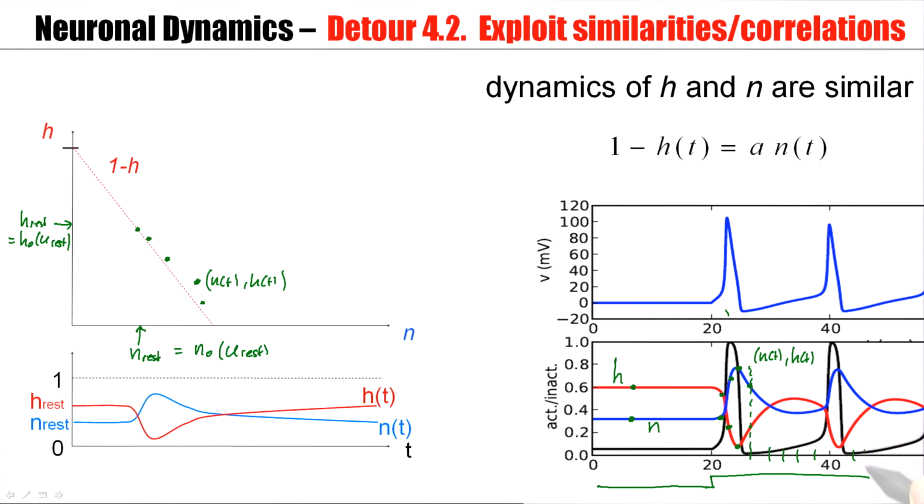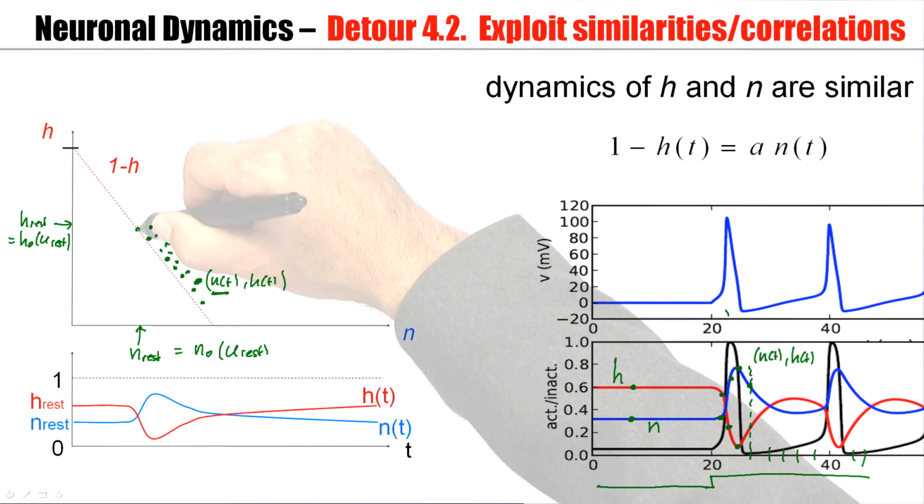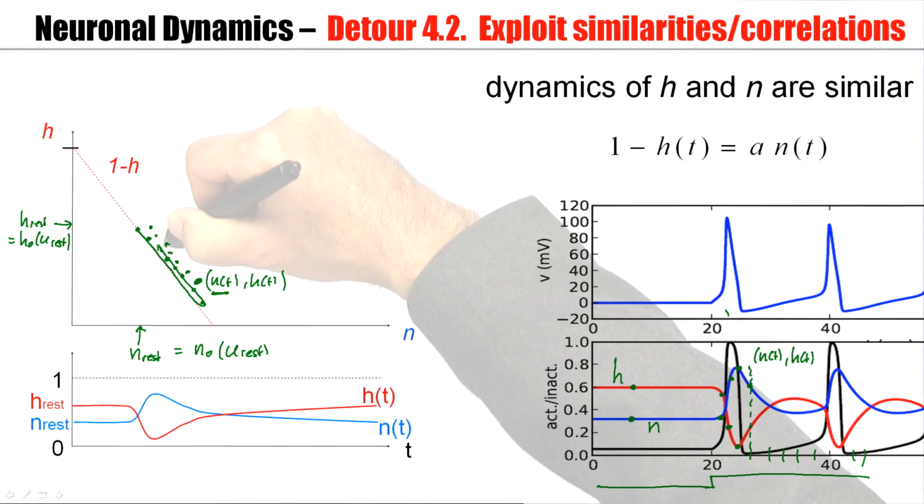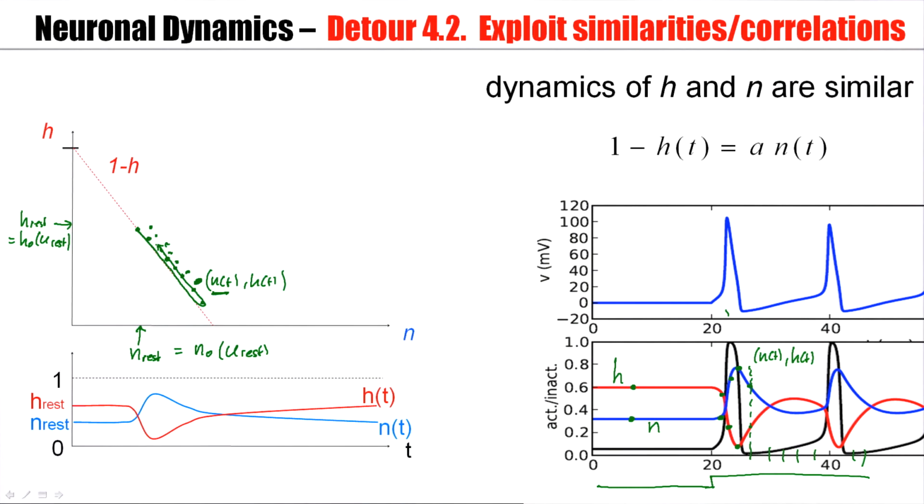I can take one of these samples and I will find many points in this two-dimensional plane. And each point is characterized by two coordinates, its value n and its value h, which gives the vertical axis. So during one of these spikes, n and h do some kind of movement in this two-dimensional coordinate space.